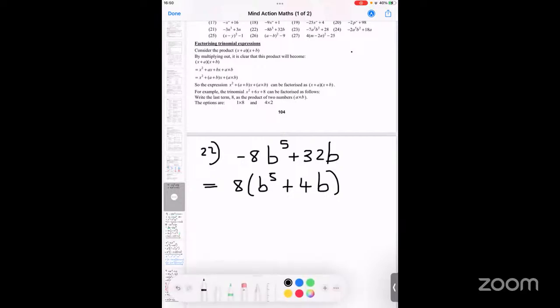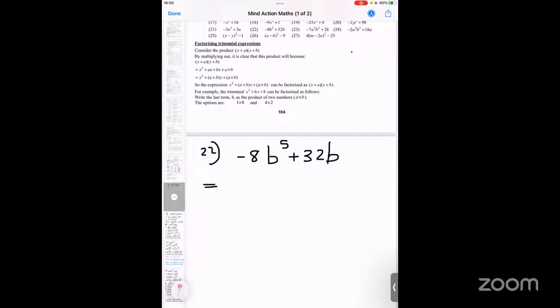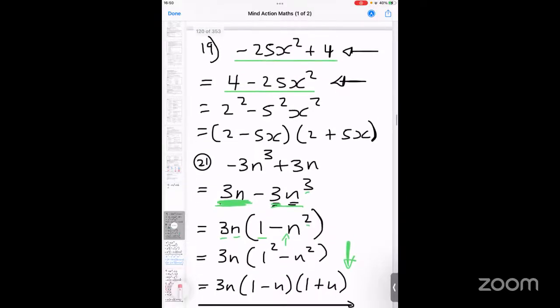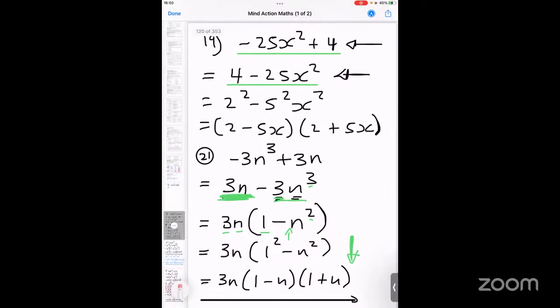Okay, maybe let me remind you of something very important. Do you still remember what we did on that one, Langelihle, the first step? Number 19 and 21. Can you see what we did as our first step?